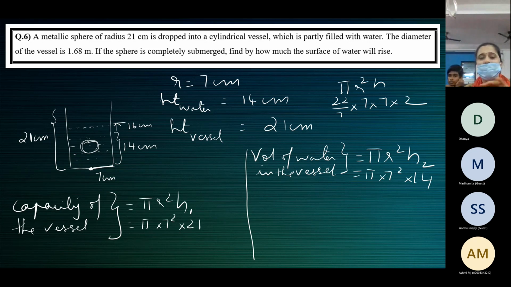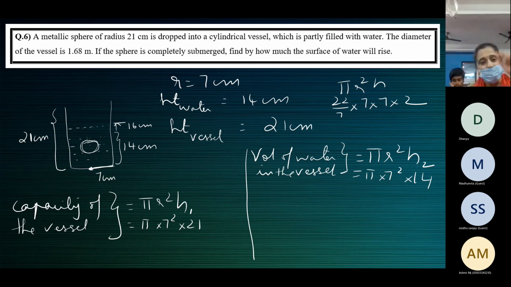See, the water was quietly standing at 14. Why did the water level increase to 16? Because you dropped something in it. You might have even dropped an irregular object in it. Whether it's regular or irregular, maybe clay that you crumpled and dropped inside, the water level increases.